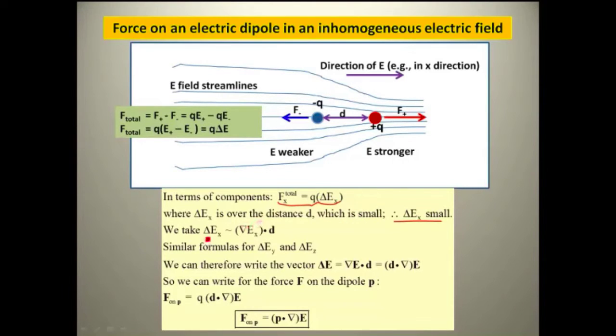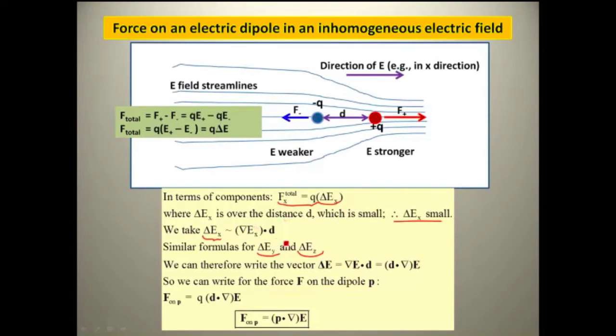We can take the difference in field and relate it to the gradient of the field, and actually the gradient of the E sub x term. If we dot that into d, that will give us the x component of the change in the field. Well, there are similar formulas for the change in E sub y and E sub z, where our orientation is not as aligned as this one up here.